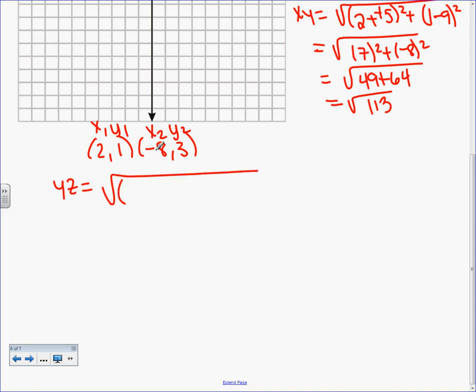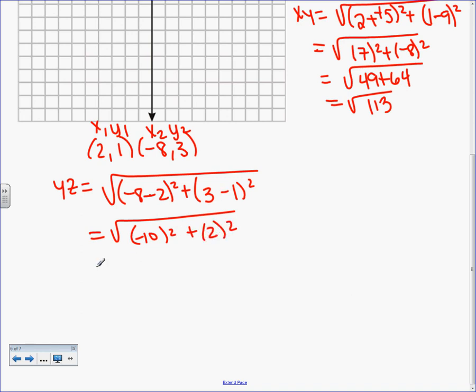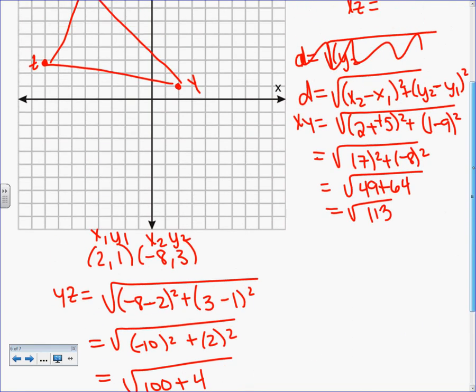Distance formula: x2 minus x1 is negative 8 minus 2 squared, plus y2 minus y1, 3 minus 1 squared. What is negative 8 minus 2? It's going to be negative 10 squared plus 3 minus 1, which is obviously 2 squared. What's negative 10 squared? It's positive 100. What's 2 squared? Just a 4. So the length of YZ is the square root of 104.